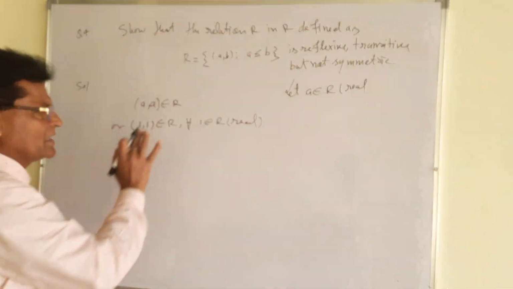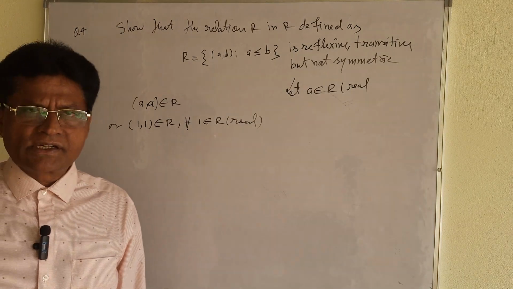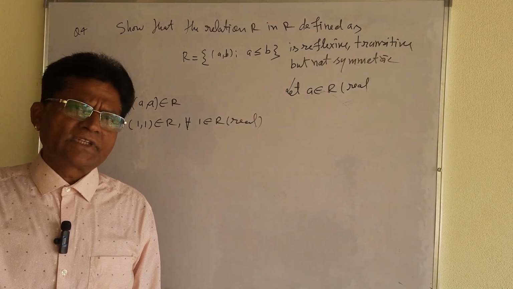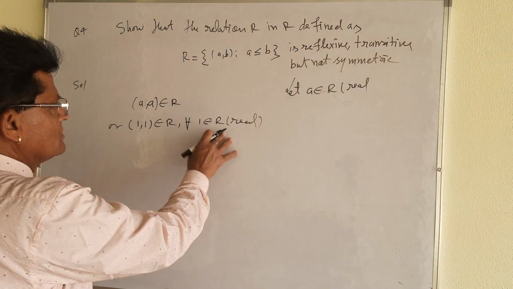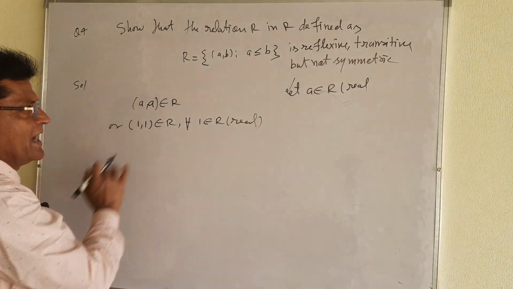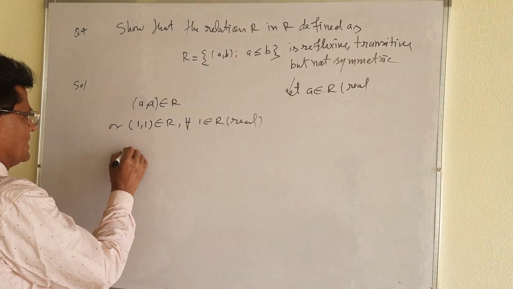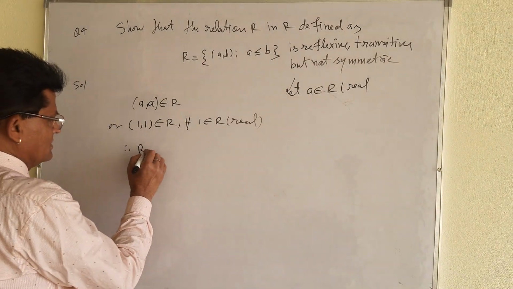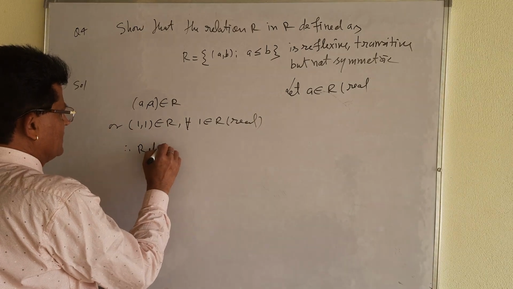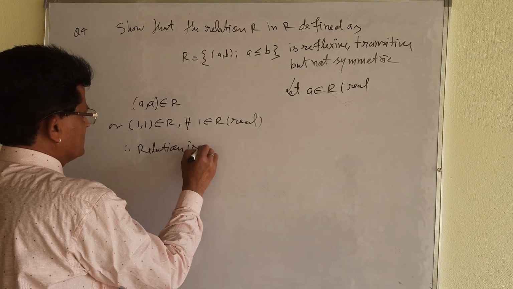I have taken the numerical value also, so that you will understand. Not only 1, you take 2 belongs to R. That is why relation R is reflexive.